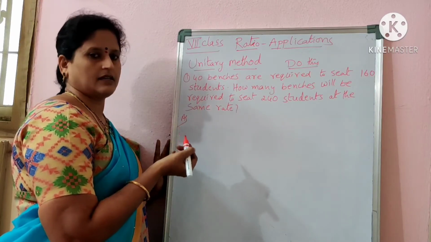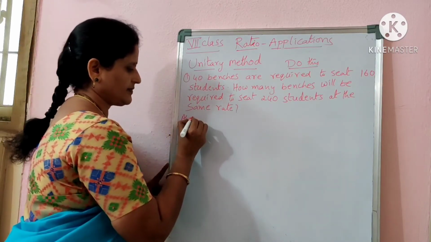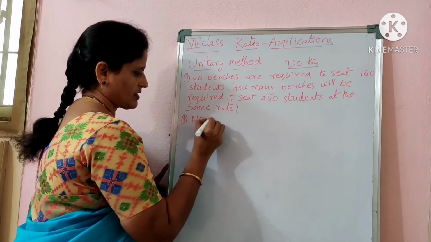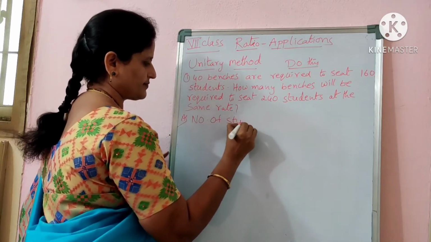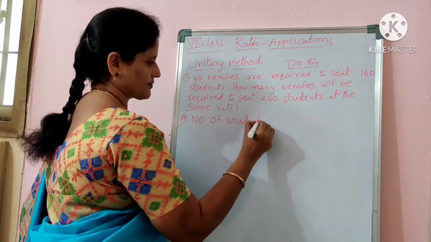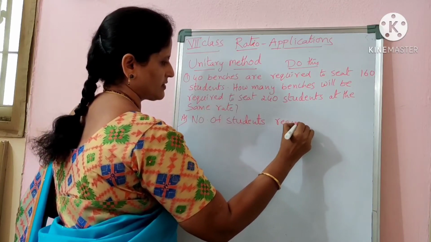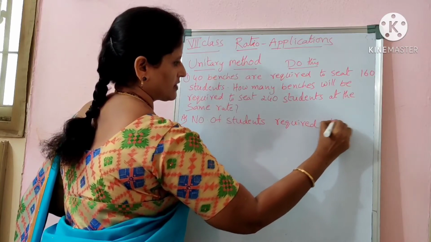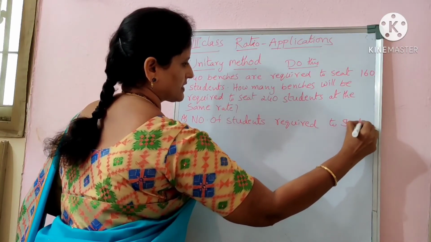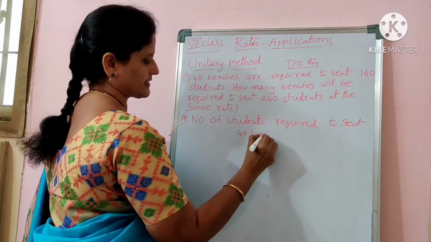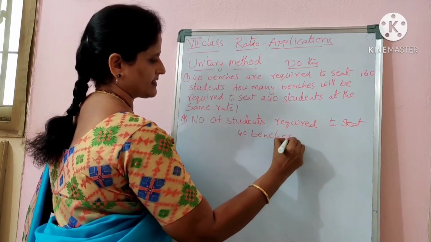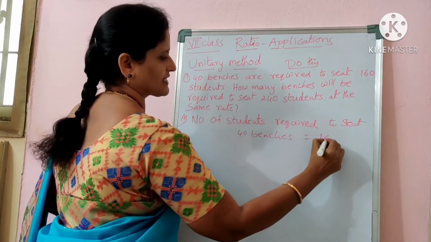The number of students required to seat 40 benches is equal to 160 students.